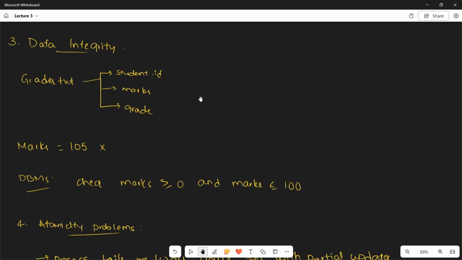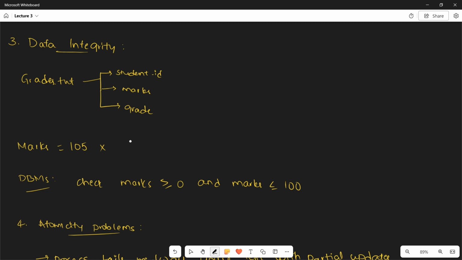Now let's get into the third limitation, that is data integrity. In a file system, data is scattered across multiple files, making it hard to relate and retrieve. So maintaining data accuracy and consistency is harder in file systems. For instance, say we have grades.txt, where we have information like student ID, marks and grade.